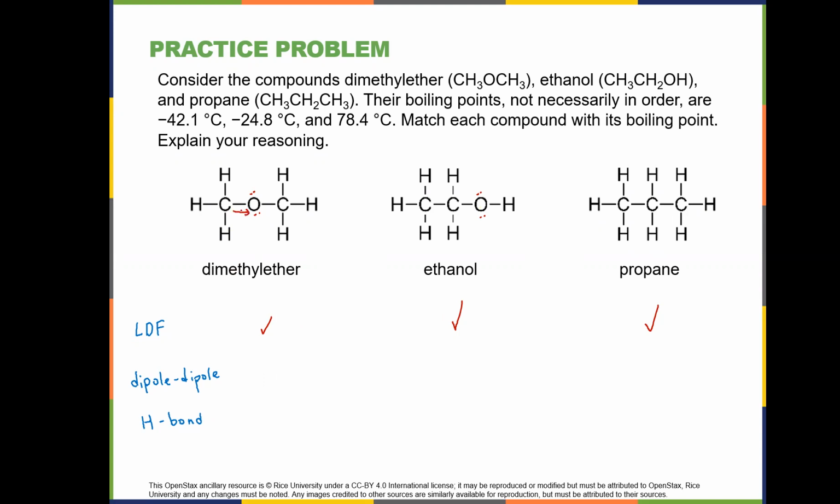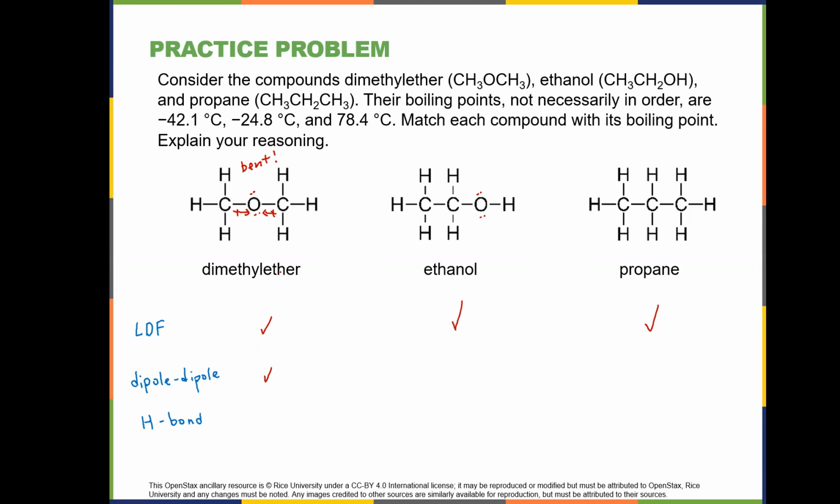Here we have a polar bond between carbon and oxygen, a polar bond between carbon and oxygen, and this oxygen in the center has a bent geometry. And so this dimethyl ether is slightly polar. And so we might have some dipole-dipole interactions as these 2 dipoles on our molecule do not completely cancel.